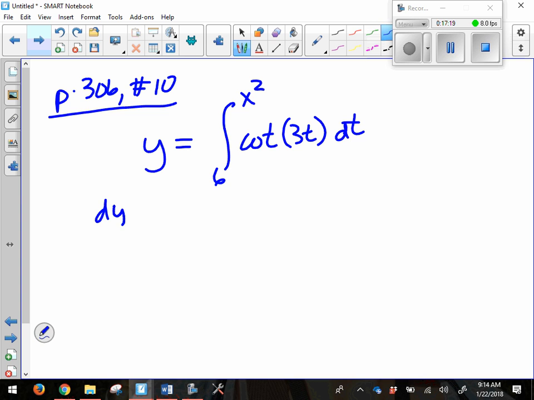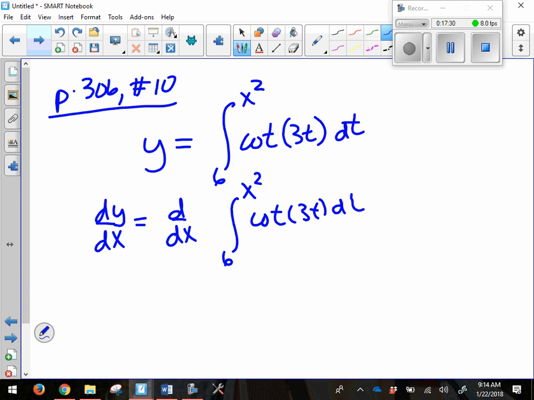So if we're supposed to find dy/dx, then we're supposed to find d by dx from 6 to x squared of cotangent 3t dt. So this does not quite look like the fundamental theorem of calculus, right?